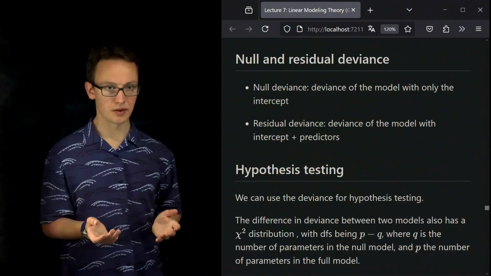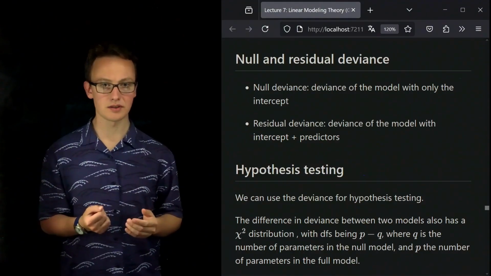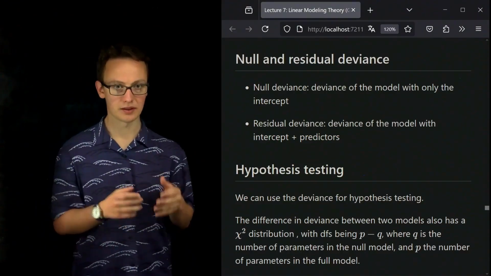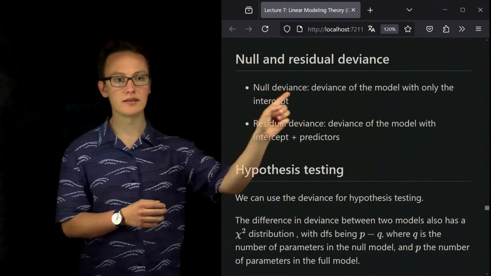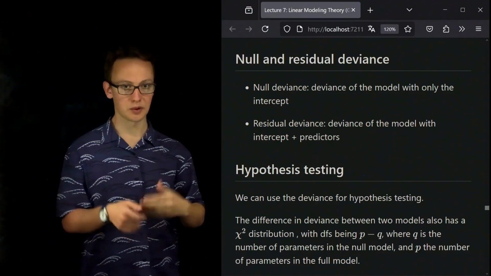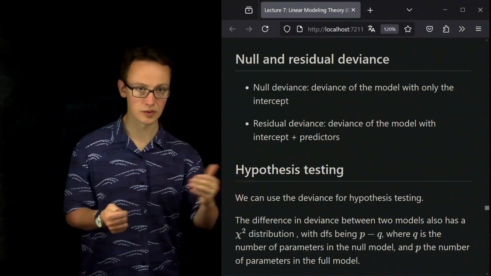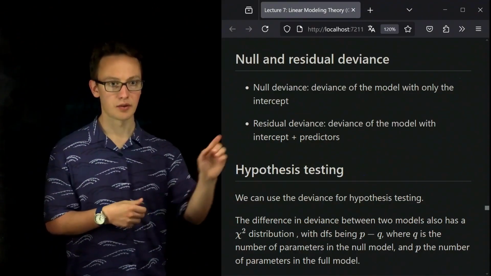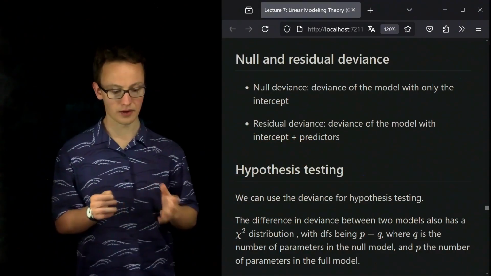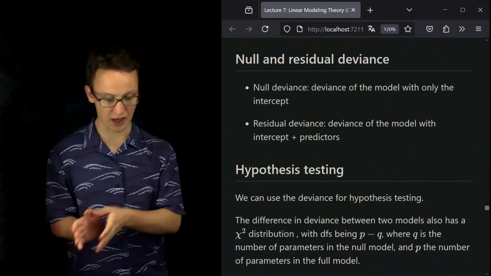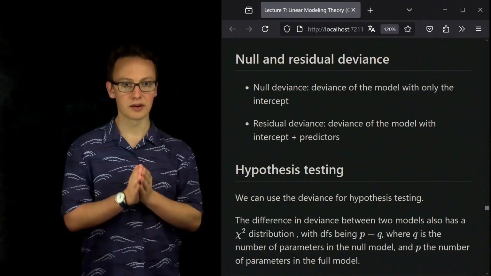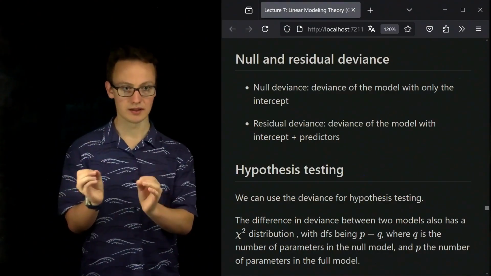In the example we just saw, we would typically call the deviance of the null model, that is the model that only included the intercept but not our predictor of interest, the null deviance. And we would typically call the deviance of our full model, that is the model that did also include our predictor of interest, the residual deviance. Now, the interesting thing is that using those deviance values from the null model and the full model, we can also conduct hypothesis tests on the difference between those two deviances.